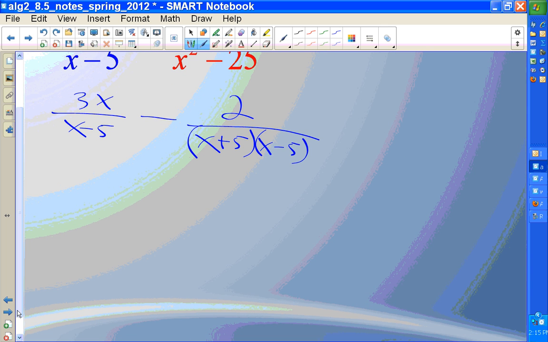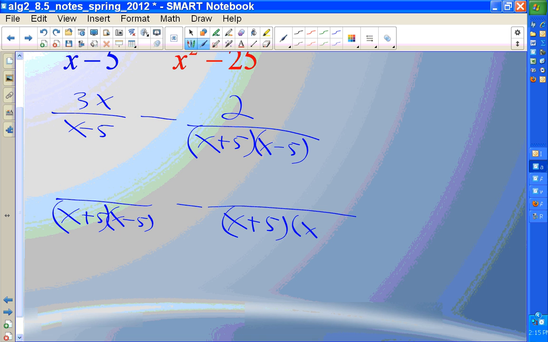What's the LCD going to be? Okay, so it stays x plus 5 and x minus 5, no power changes. Is everybody with me? I'm finding the LCD. What do you do to the fraction on the left to get the LCD? Multiply by x plus 5, top and bottom.